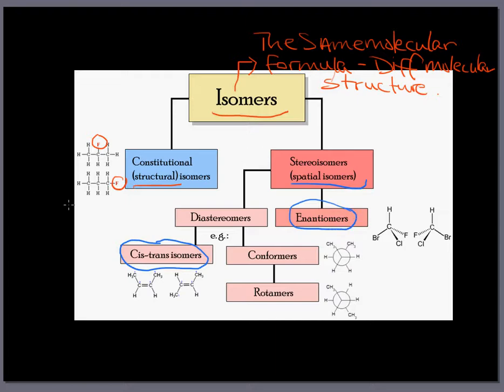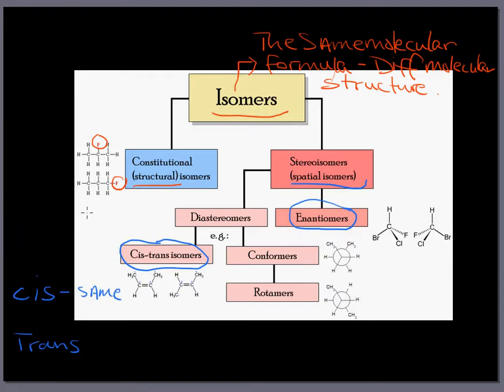So cis-trans sounds more difficult than it really is. So whatever the functional group is, or the carbon segments that are hanging off, if they're on the same side, they are cis.